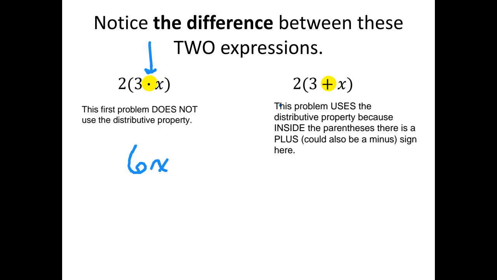Which means I'm distributing. 2 times 3 is 6, plus 2 times x is 2x. This plus sign is the one I have between the two terms in the parentheses. Okay.